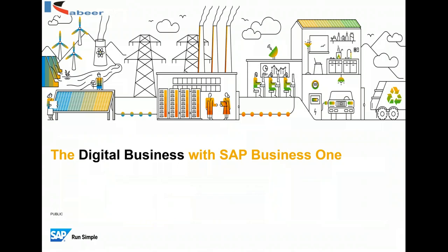The digital business with SAP Business One. Now, a lot of companies across the world are talking about doing digitalization. How does digitalization help us? What are the different components of digitalization?